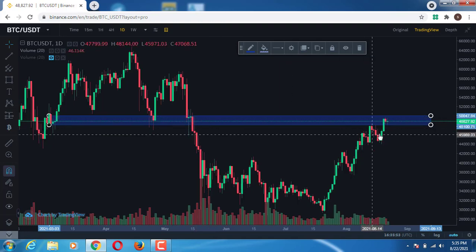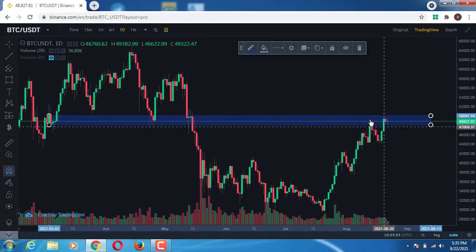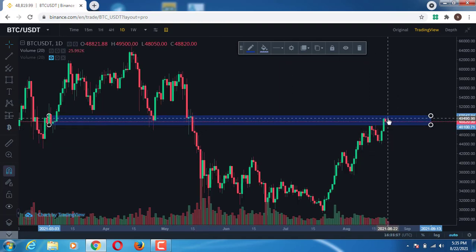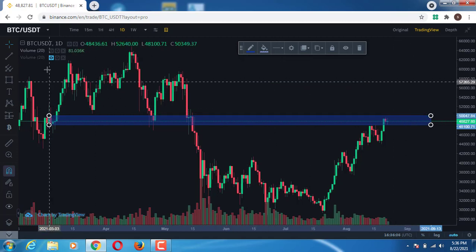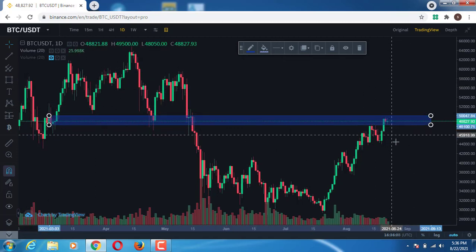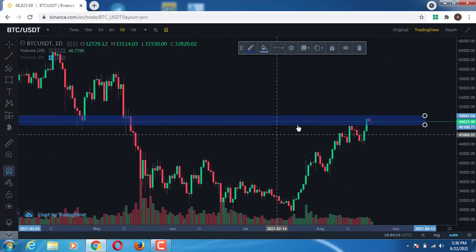So we are also expecting the market to shift a little bit down, like what is going on right here in the market. Expect the market to go down a little bit before we could see the next move to the upside. Now, something very significant I'm going to show you.